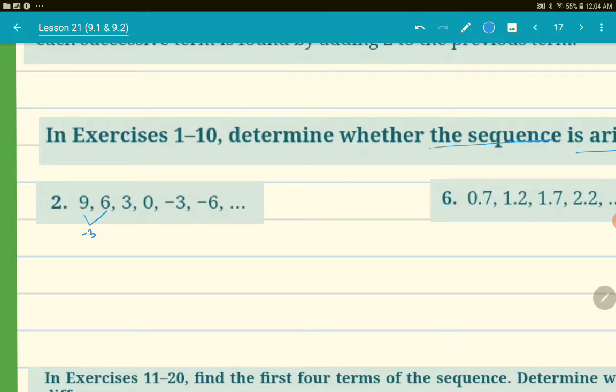And if I do that all the way through, then it will be arithmetic. So repeating, 6 to 3, I can subtract 3. 3 to 0, subtract 3. 0 to negative 3, subtract 3. So yes, I can see that there is a common difference. So here D is a negative 3. So yes, it is arithmetic.